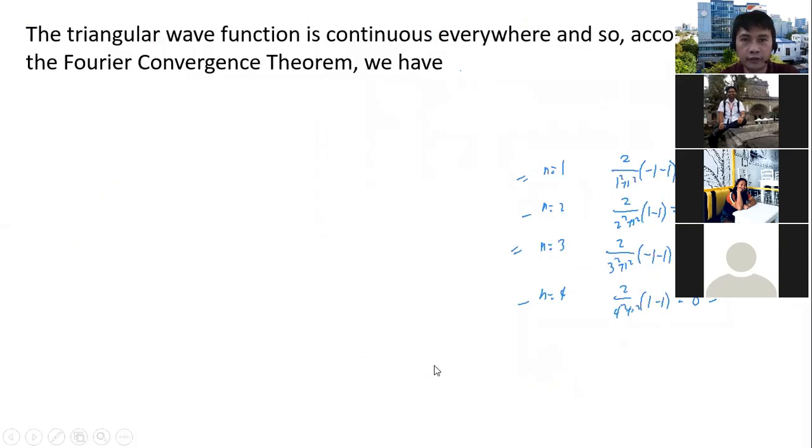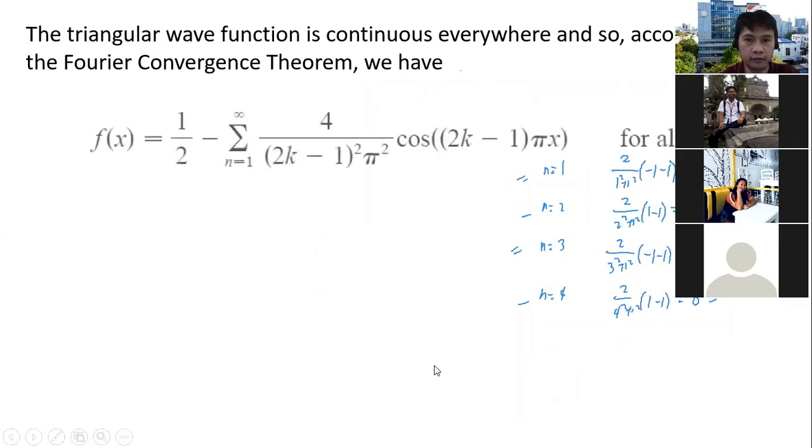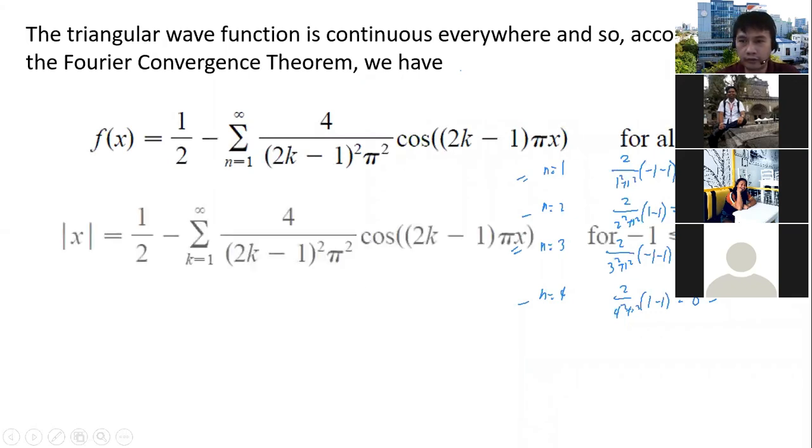The triangular wave function is continuous everywhere, and so according to the Fourier convergence theorem, we can state f of x in this form for all x, or we can define the domain from negative 1 to 1, since the given function here is the absolute value of x.